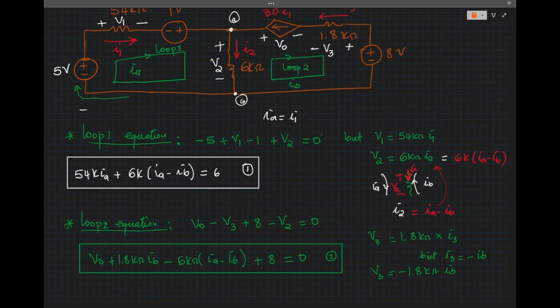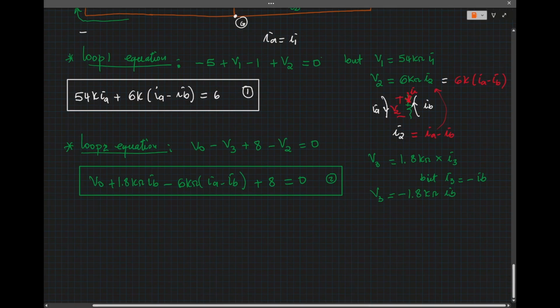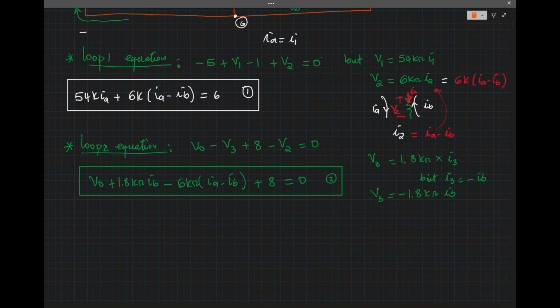That's equation number 2. As you can see, we have two equations and three unknowns. V0, we don't know V0. So we have IA, IB, and V0 as unknowns.